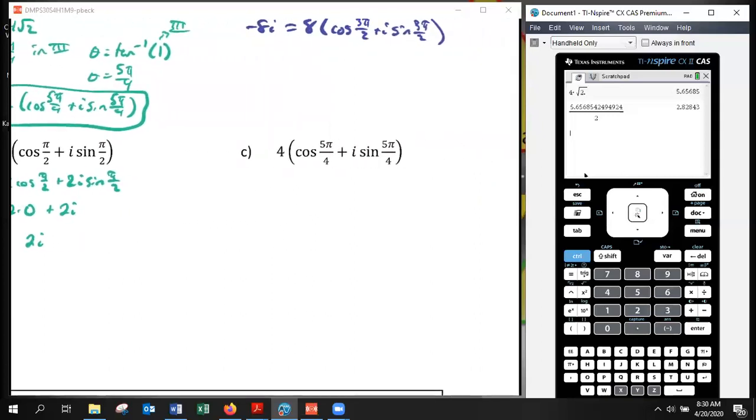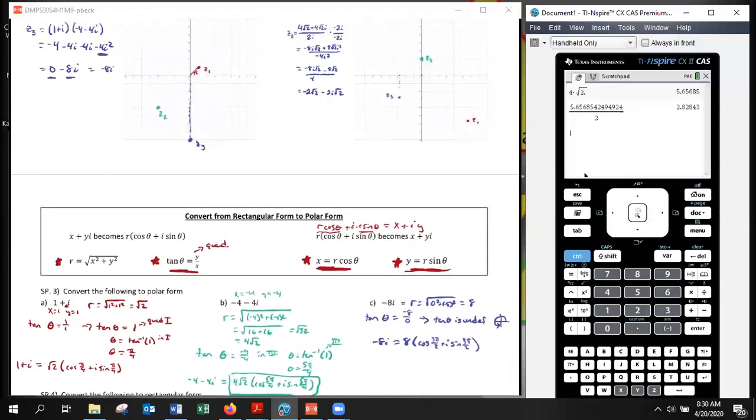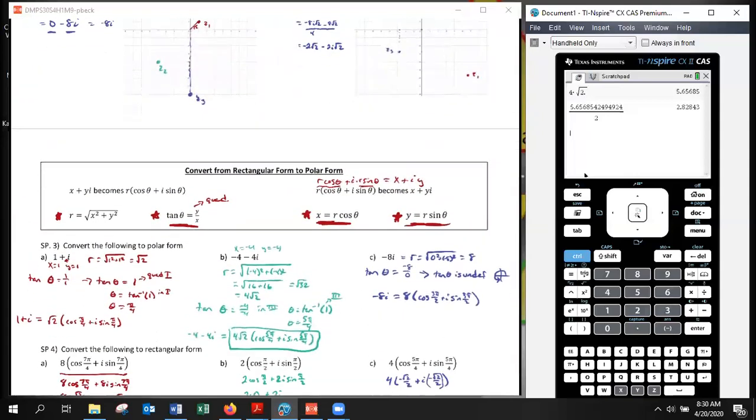So this should end up being the z3 that we got above. So cosine of 5 pi over 4 is negative square root of 2 over 2. And then sine of 5 pi over 4 is also negative square root of 2 over 2. Let's go ahead and put that in parentheses just to clean that up. So negative 2 square root of 2 minus 2i square root of 2, which, just as a quick confirmation, yes, that's what we're supposed to have.